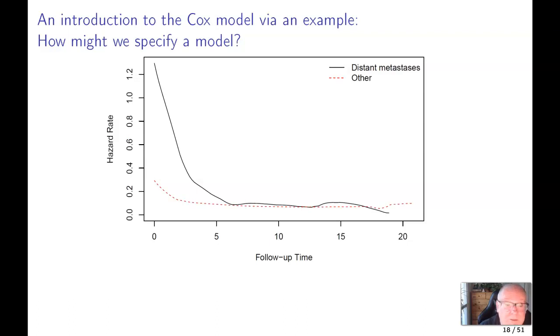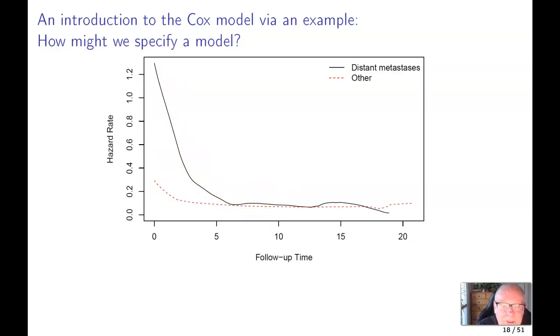Well, how do we fit a model for this data? Or what do we want to take account of? Well, in our model, we need to specify how the outcome, which is the hazard, varies as a function of time, and we need to specify how the hazard depends on our exposure.